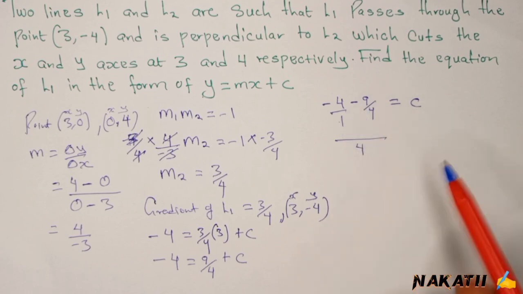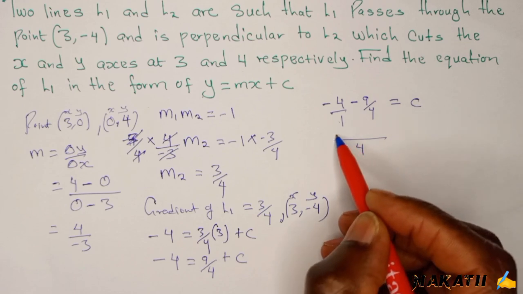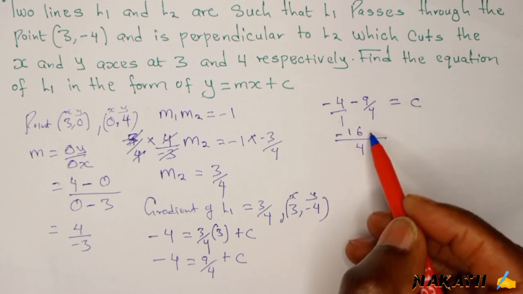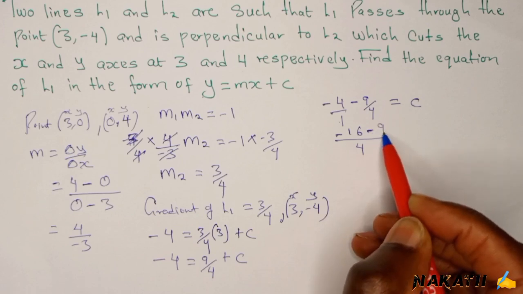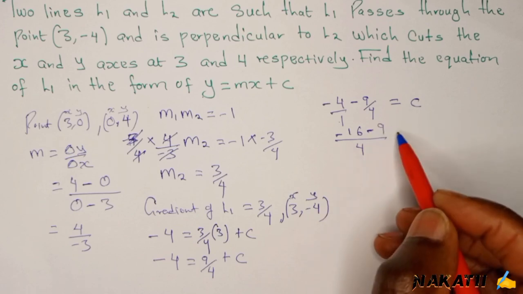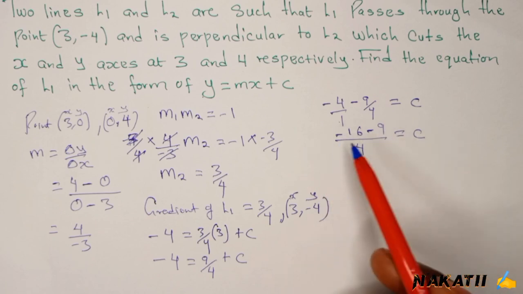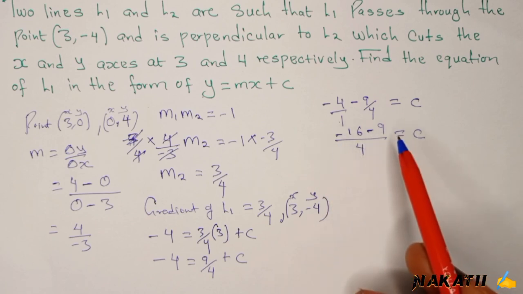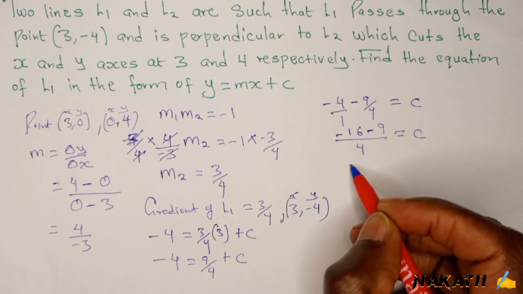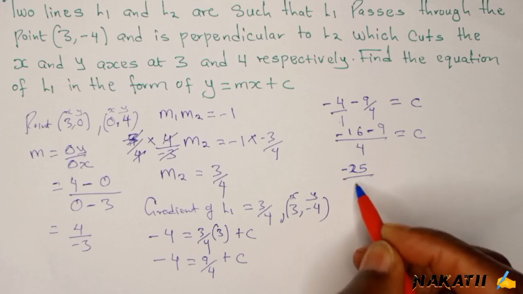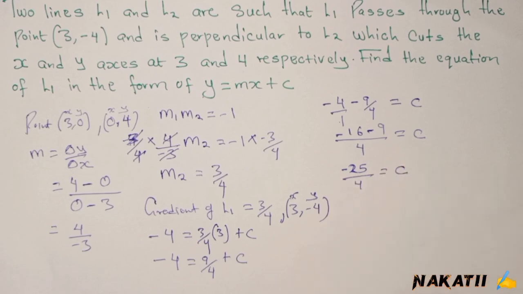Then 1 goes to 4, 4 multiplied by the numerator, that is going to be -16. Then 4 goes here 1, so this is going to give you -9. So it equals c. If you add these two, -16 minus 9 is -25, so -25 over 4. So this is the value of c.